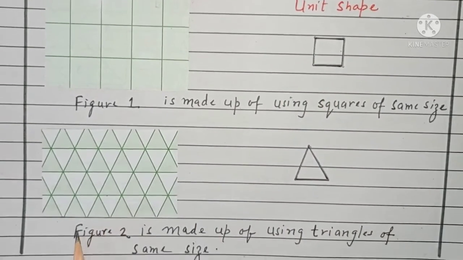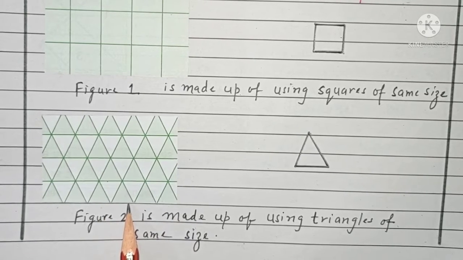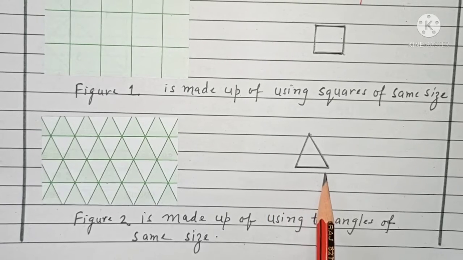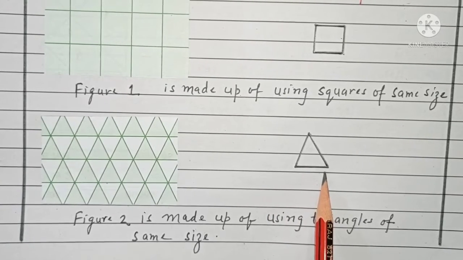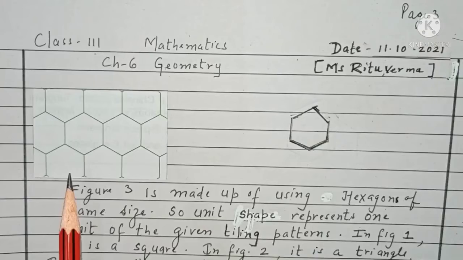Moving on to figure 2. Figure 2 is made up of triangles of the same size. So here the unit figure is a triangle.